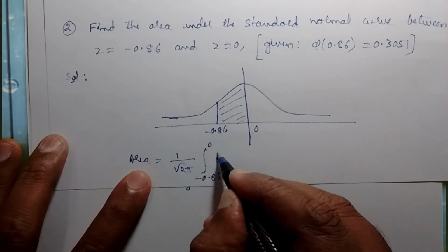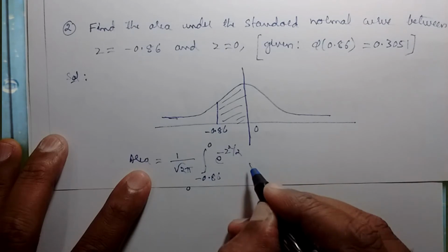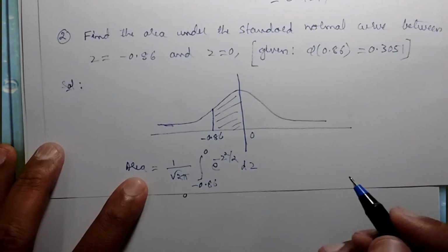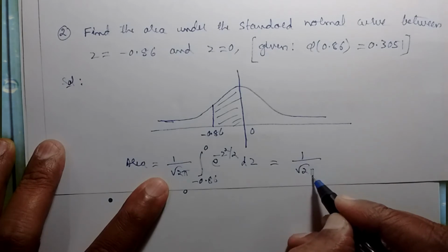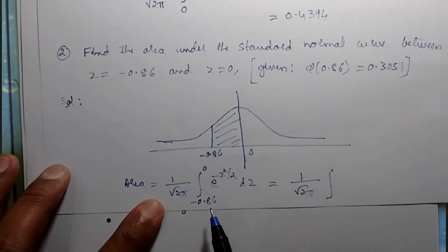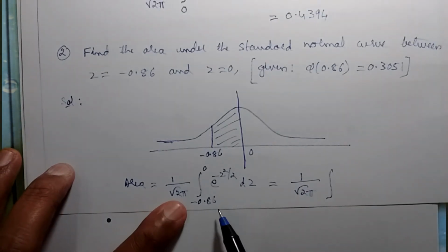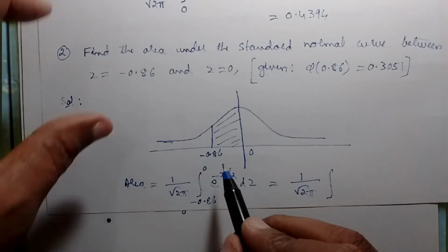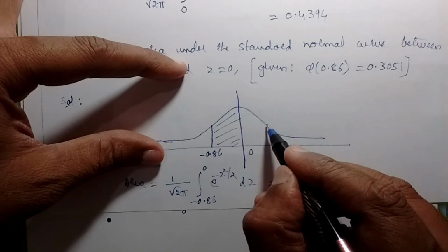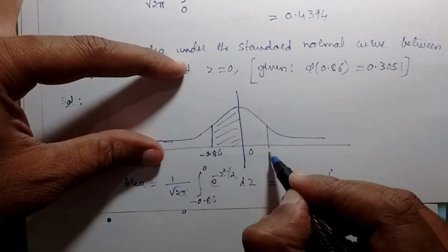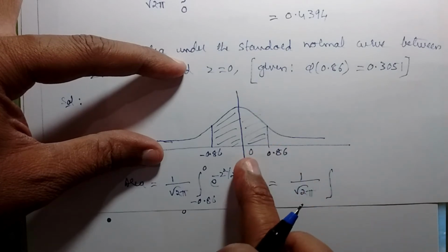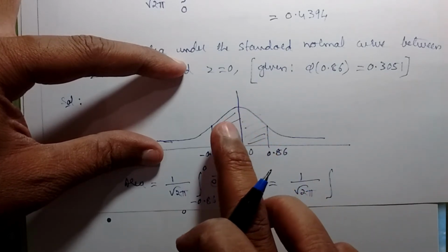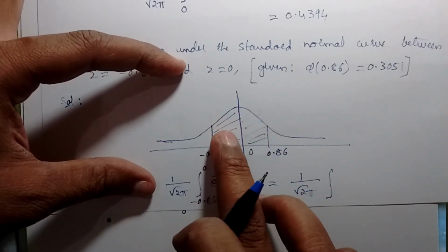And we have e power of minus z square by 2 into dz, which will be equal to 1 by square root of 2 pi, integral of, now because it is minus 0.86 to 0, if you want to make it positive, we know that the area on the left hand side, suppose I take the point over here as 0.86 and minus 0.86, the area enclosed on the right hand side will be exactly equal to the area enclosed on the left hand side.